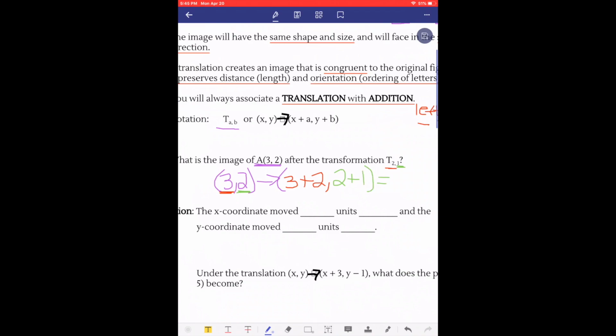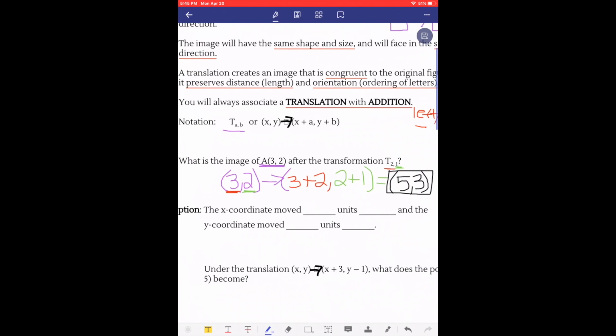Now we're just going to simplify that. 3 plus 2 will give me 5, and 2 plus 1 is 3. So 5, 3 is my new point after the translation.